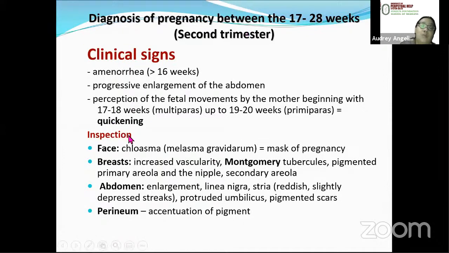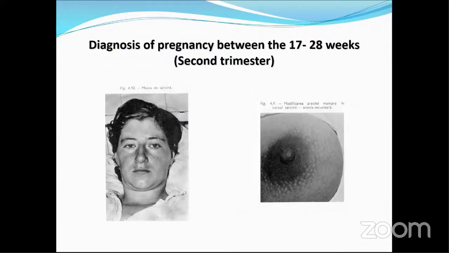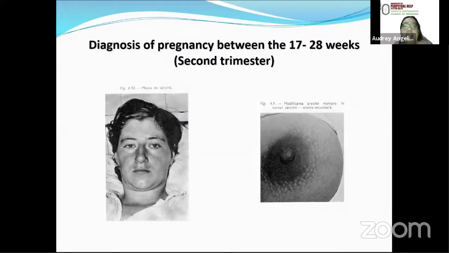You could go back to quickening. You could go back to fundic height to tell you the approximate age of gestation. So for example, in the quiz that we've had, if your fundic height is at the umbilicus, what is your estimated age of gestation? 20 weeks. Okay, so your estimated age of gestation would be 20 weeks.